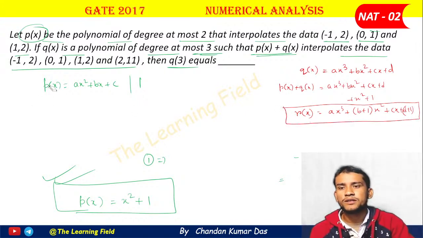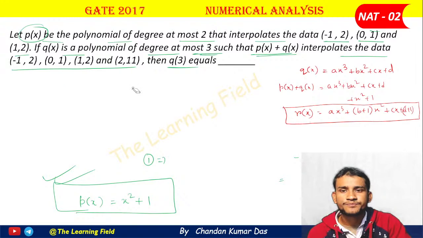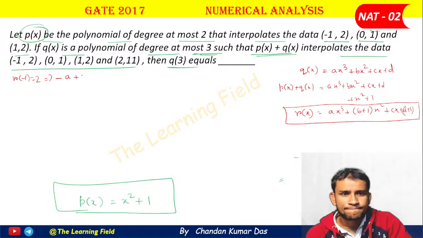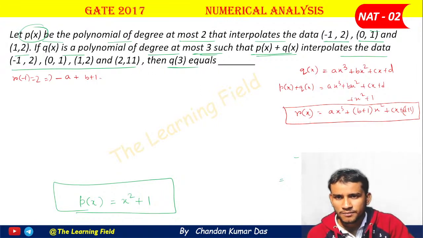Now this interpolates the given data points. R(x) gives R of minus 1 equal to 2. That means we get minus a plus (b plus 1) into 1 plus c into minus 1, that is minus c plus d plus 1, equal to 2.